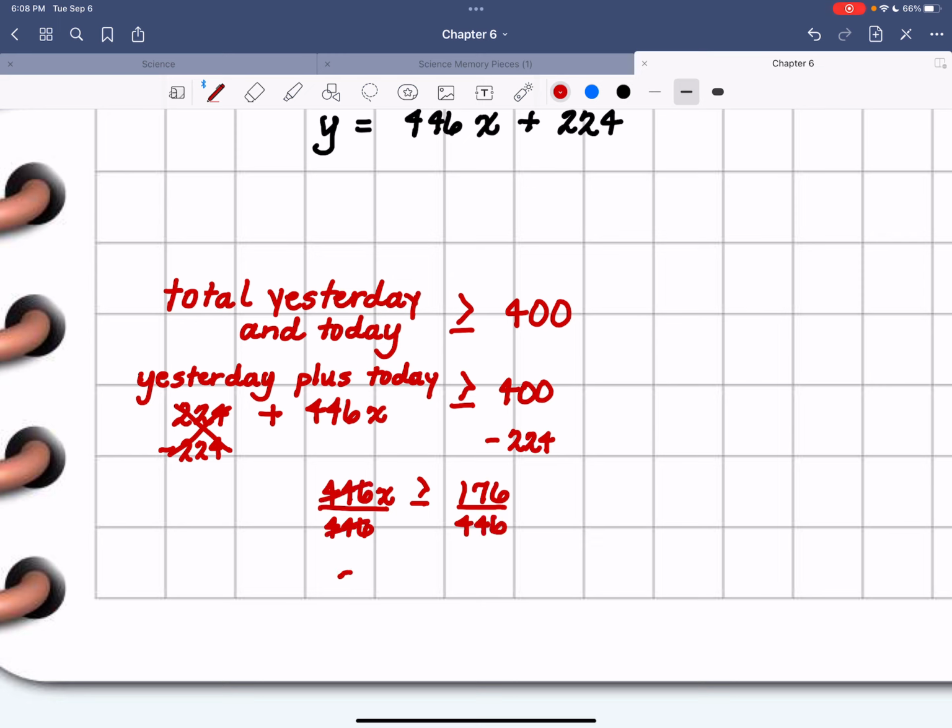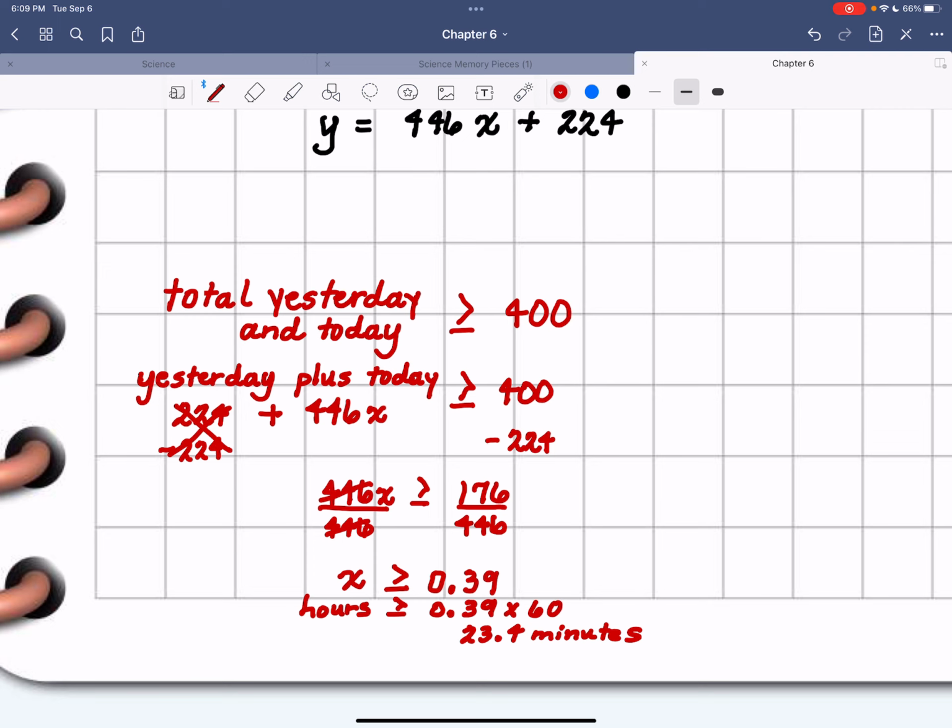It's going to be ugly, but don't panic, we're okay. Divided by 446 is, I'm going to round it to 0.39. And remember, x is hours, so he has to spend at least 39 hundredths of an hour. And if you multiply that by 60 minutes, you get 23.4.